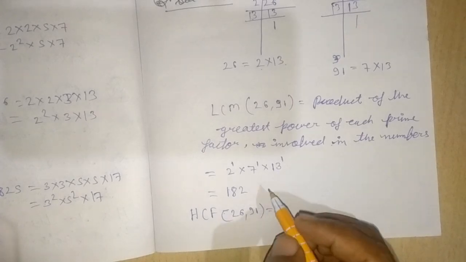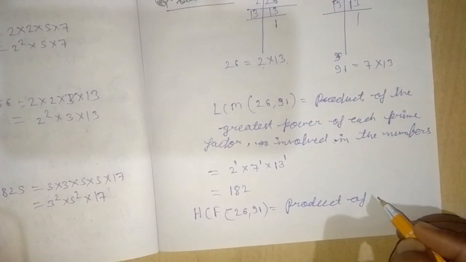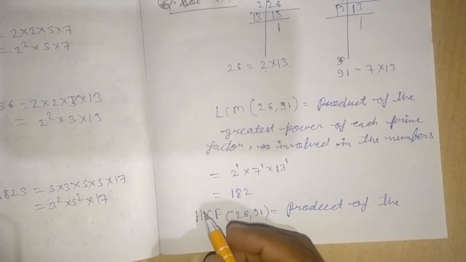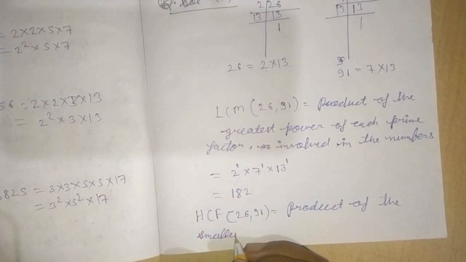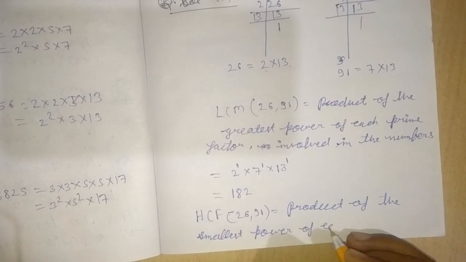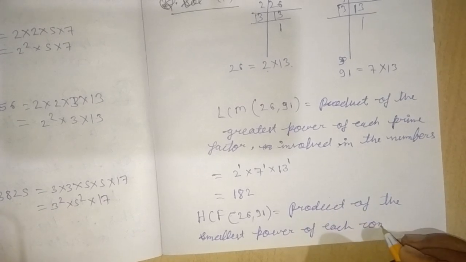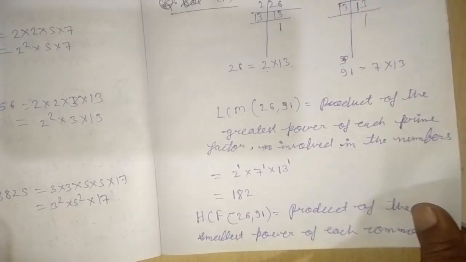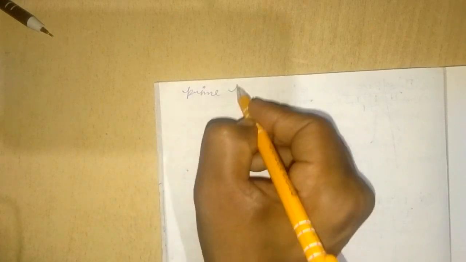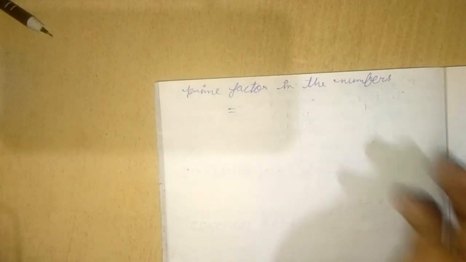So we write here: product of the smallest power of each common prime factor in the numbers equals.